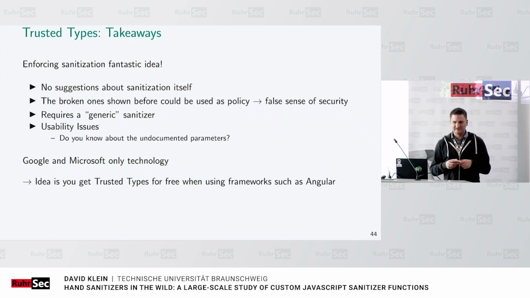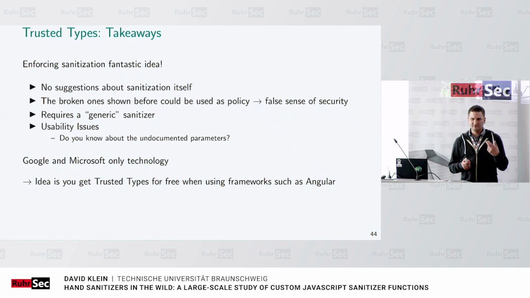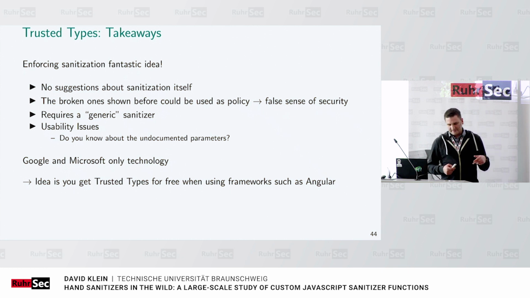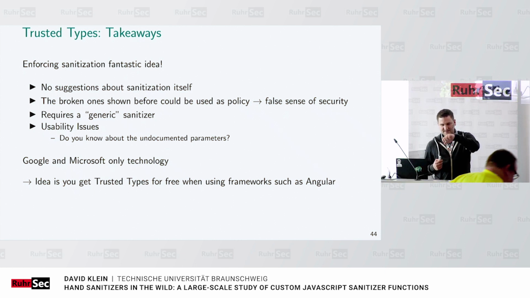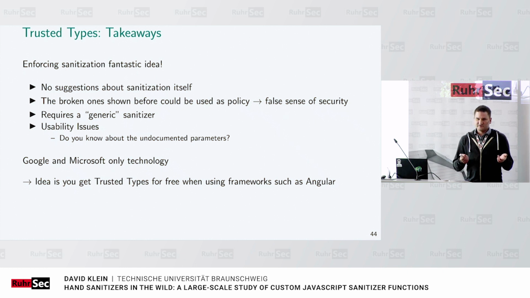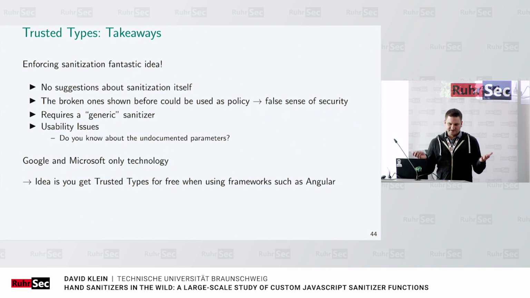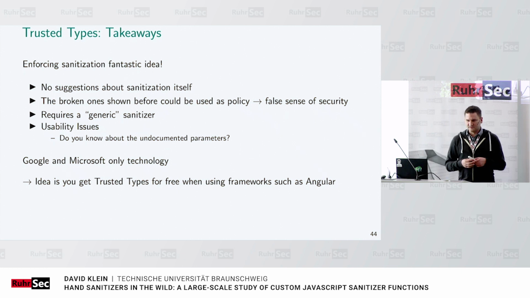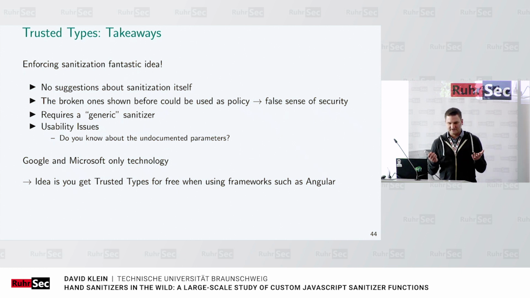Few people still write HTML manually and write all their JavaScript code by hand. And they pay Google engineers to support trusted types in Angular or React. And if you then update your framework, you basically get trusted type enforcement for free, and the application is more secure. That's a really nice idea because the website owner doesn't have to do anything, but Google will passively fix some issues for you.